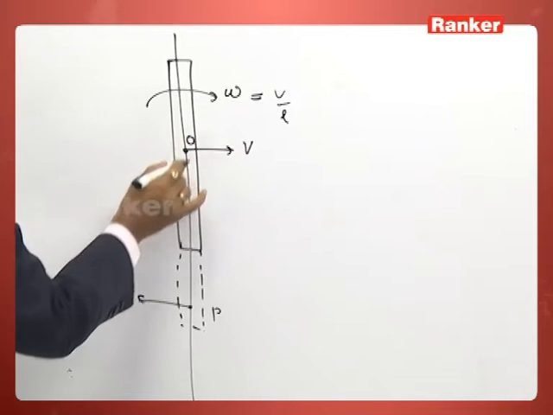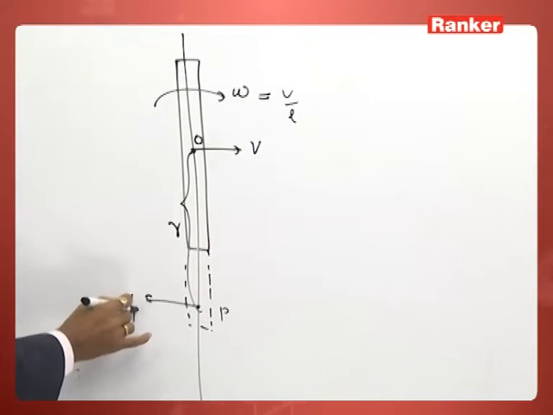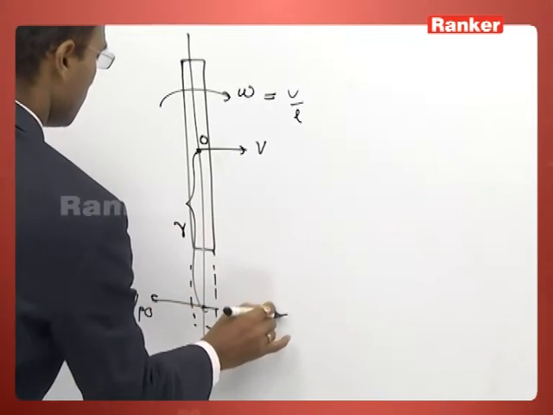Suppose this is O and this distance is R. So this is the velocity of P with respect to O, and the velocity of O is equal to V.